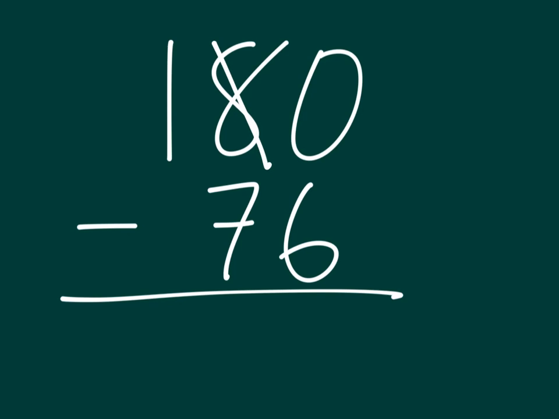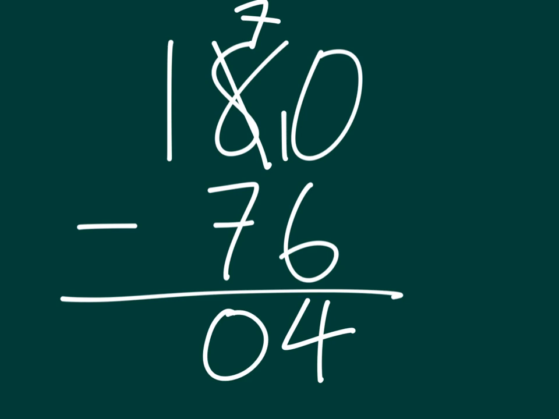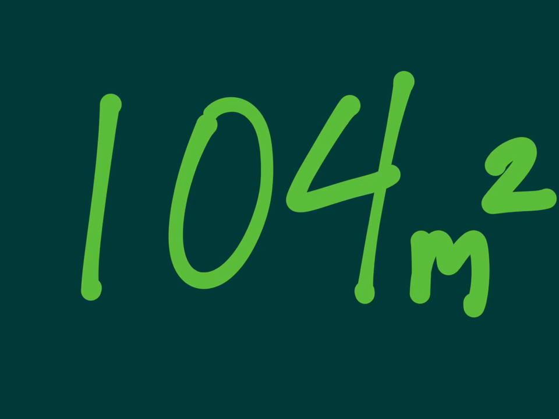Borrow from the 8 to make 10. 10 take away 6 is 4. The 8 is now a 7. 7 take away 7 is 0. And 1 with nothing to take away is a 1. So our difference is 104. And that ends up being the area of the grass in the backyard.